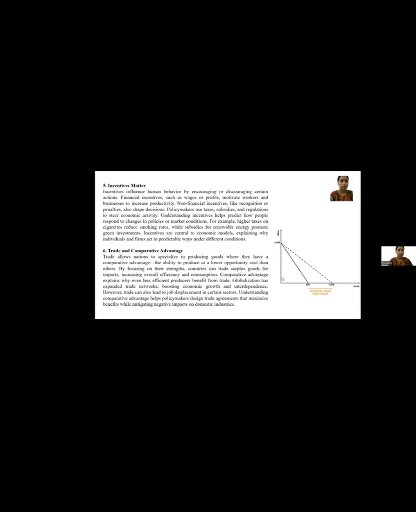Policymakers use taxes, subsidies, and regulations to steer economic activity. Understanding incentives helps predict how people respond to changes in policies or market conditions. For example, higher taxes on cigarettes reduce smoking rates, while subsidies for renewable energy promote green investment. Incentives are central to economic models, explaining why individuals and firms act in predictable ways under different conditions.